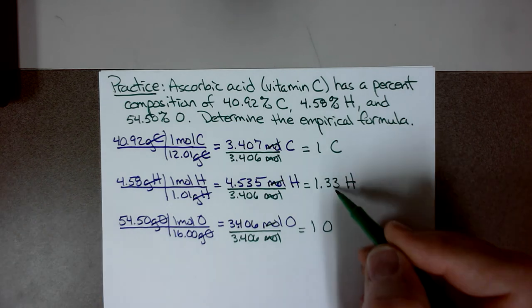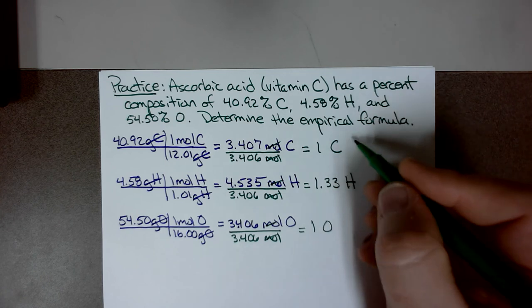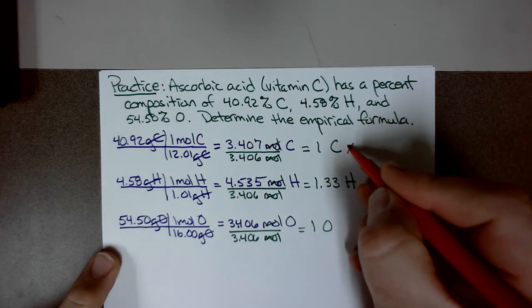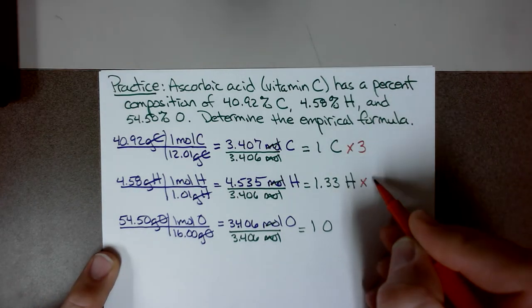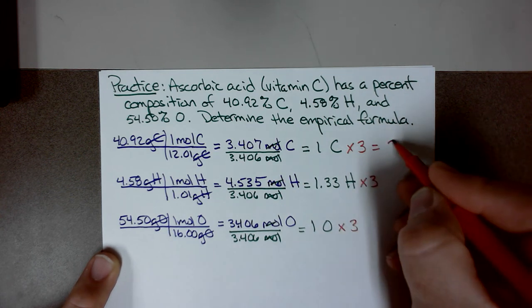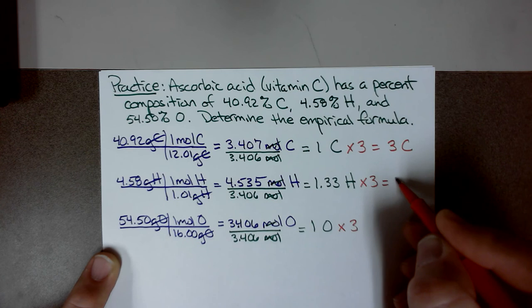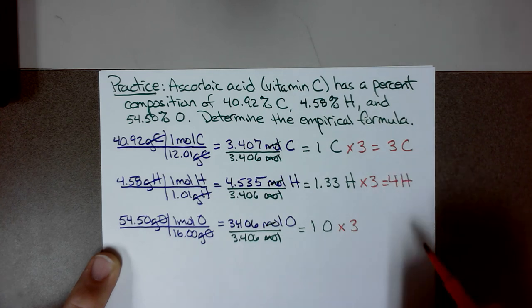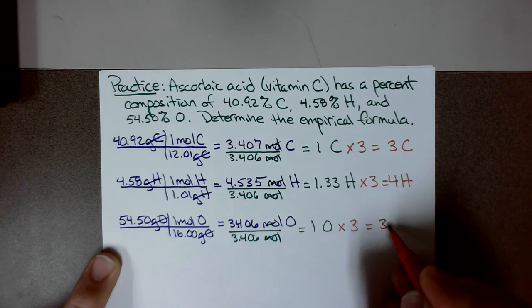In this case, this is a third. So I can multiply a third by 3 and get a whole number. But that means I need to multiply all 3 of them by 3. So I'm going to go times 3, times 3, times 3. So this will be 3 carbons, 4 hydrogens, and 3 oxygens.